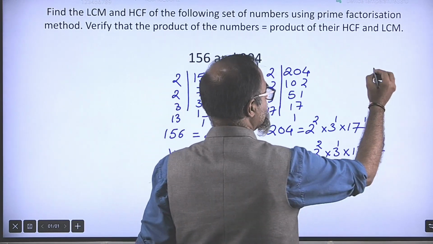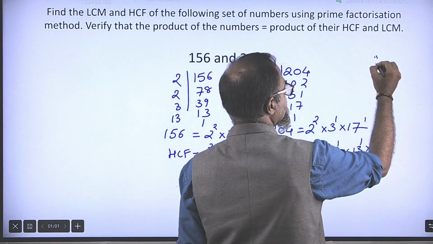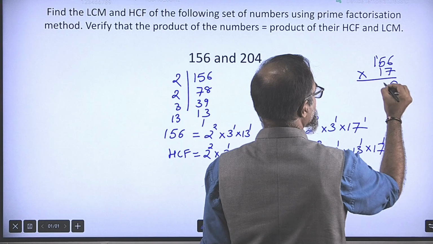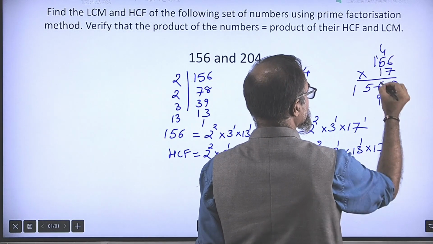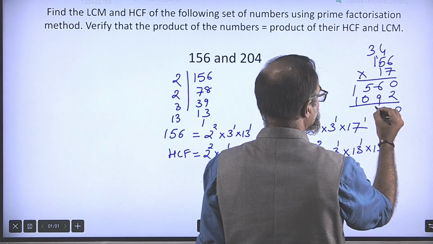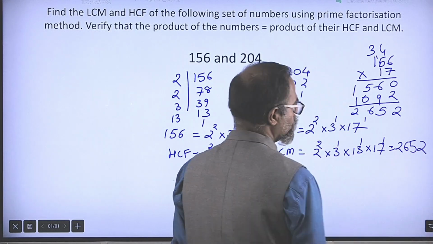So that is 12 into 13 into 17. 13 12s are 156 into 17. 156 into 17: 1 6s are 6, 1 5s are 5, 1 1s are 1, 7 6s are 42, 7 5s are 35, 39, 7 1s are 7. So 2652.